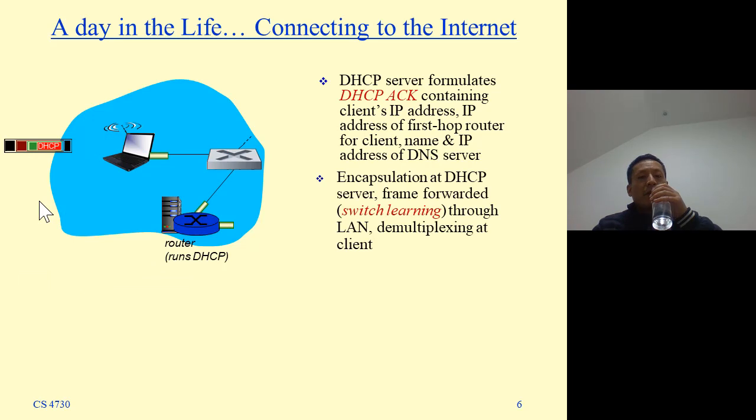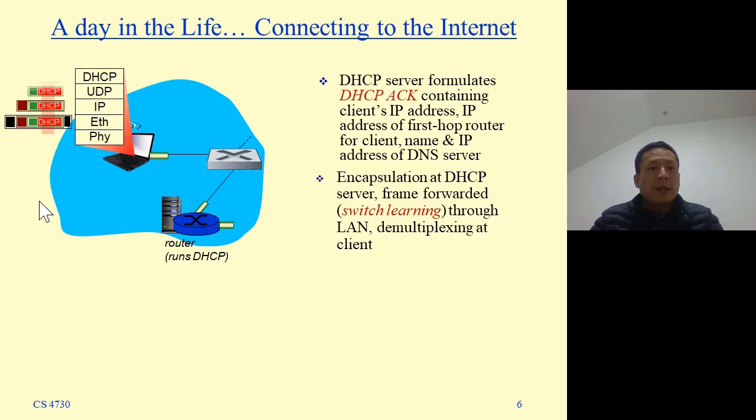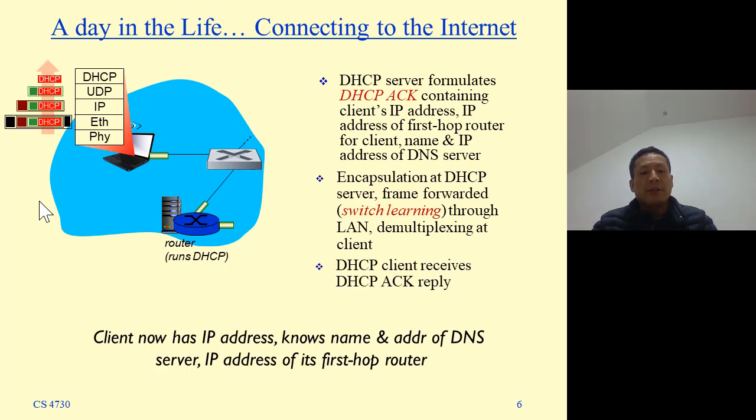In the middle there's a switch learning process to make sure that in the same network they know each other and they are connected. So eventually you will get the IP address, and you know the DNS services address, and the IP address of the first router. All right, that's all the things you can get out of DHCP.